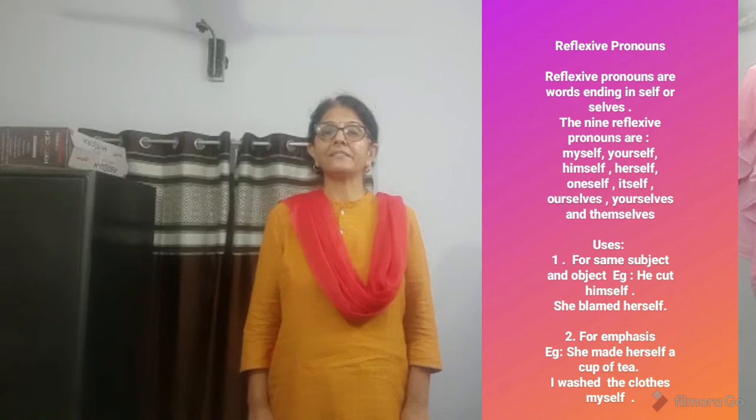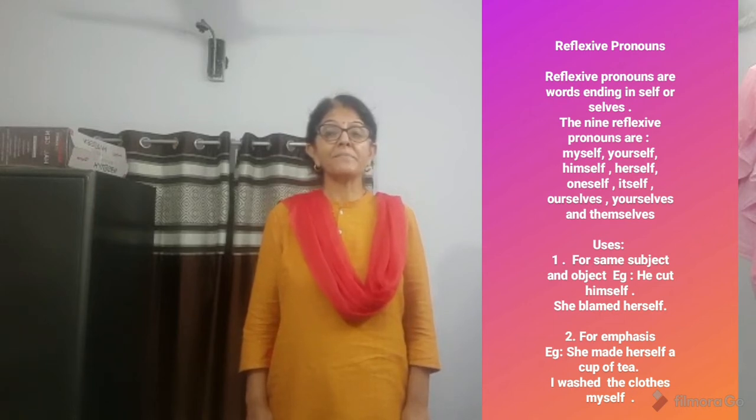One example is, he raised himself. Here the subject he and the object himself both refer to the same person. So, for the object, the reflexive pronoun himself has been used. Another example is, he made them himself at the odd moment.